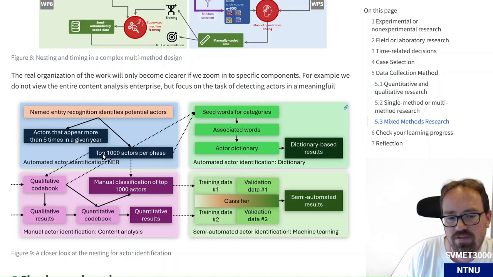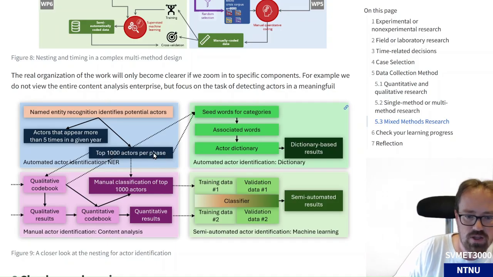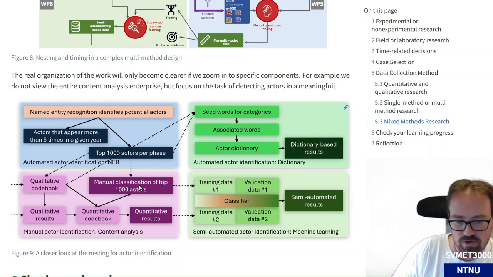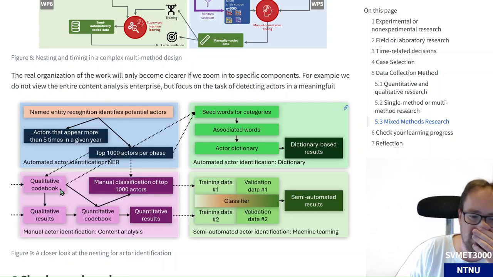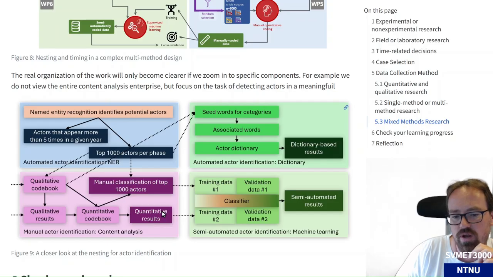Or even look at the 1,000 top actors per phase, which we then manually classify with human coders based on a qualitative procedure and then a quantitative procedure, and then we have quantitative results. This we use for our semi-automated actor identification using machine learning.